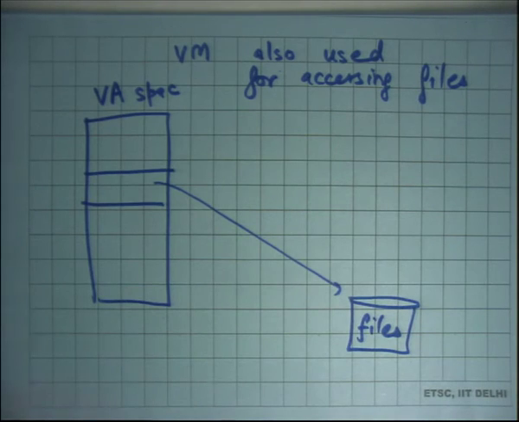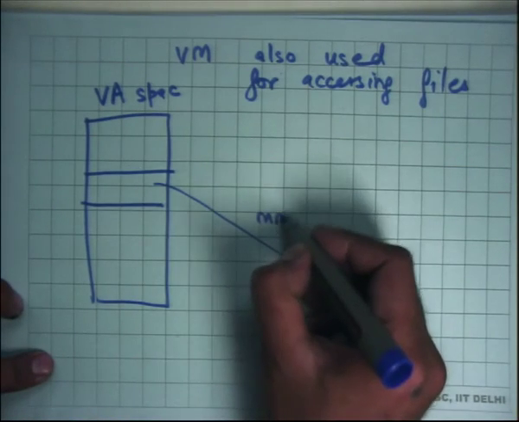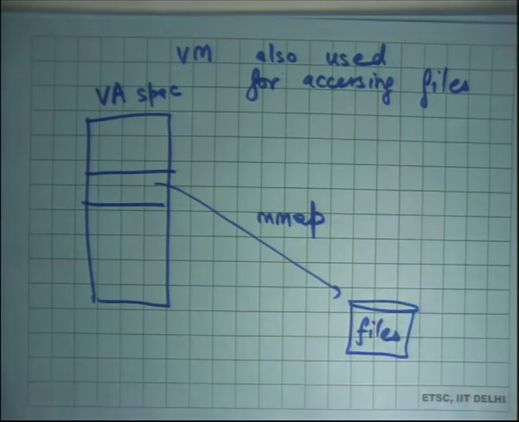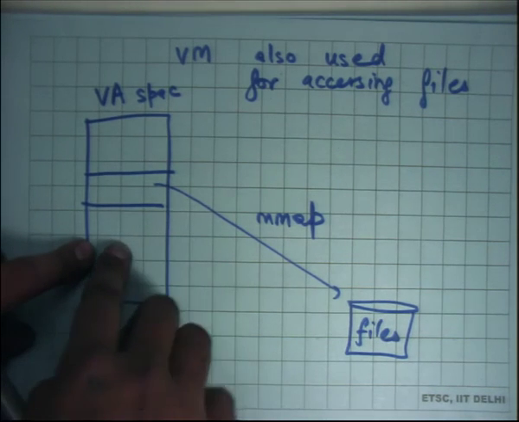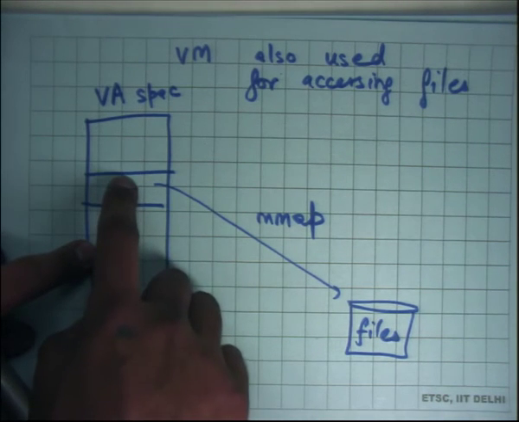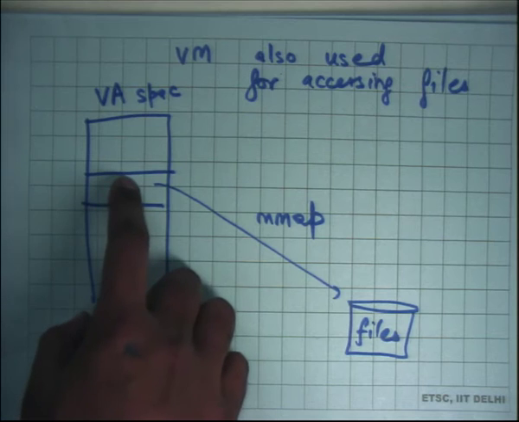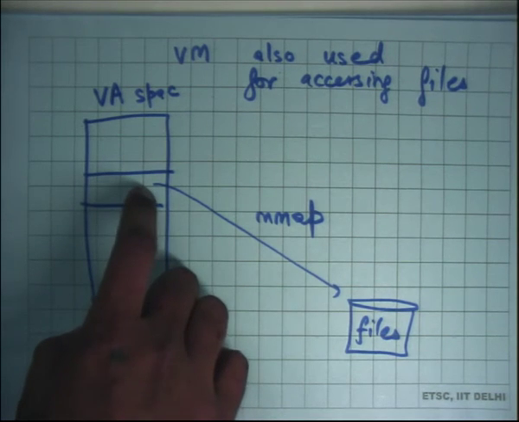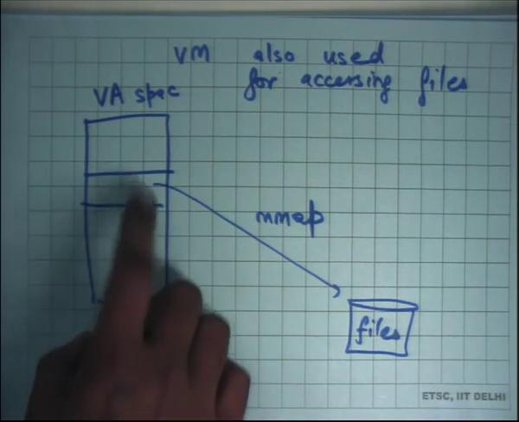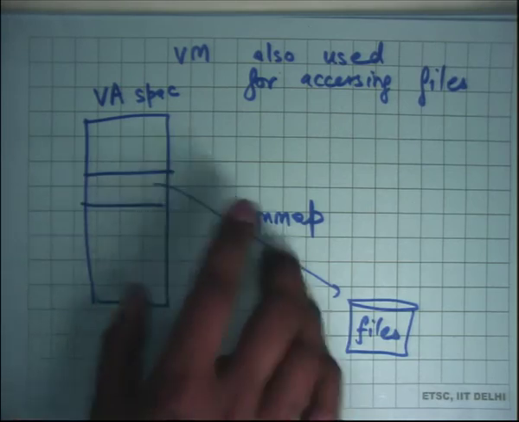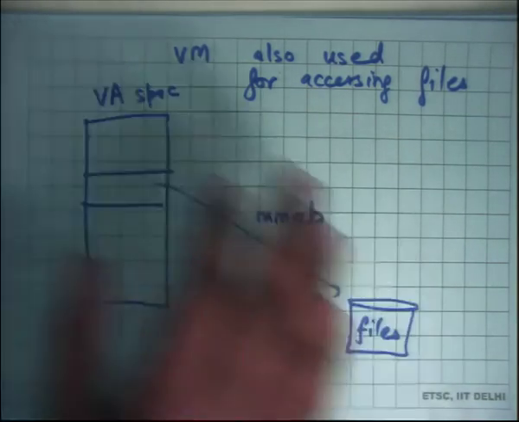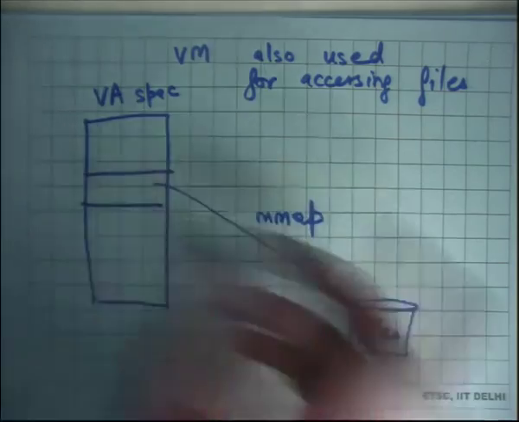And so, for example, on Unix, you can do this using the mmap system call, right? And once you do that, the programmer can now just treat this region as any other memory and do pointer dereferences on it, right? So reads and writes can be done directly here, and under the covers, the operating system is managing reads and writes to the disk.